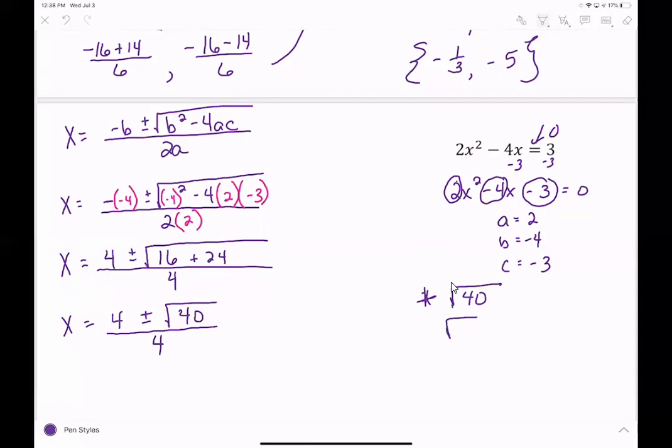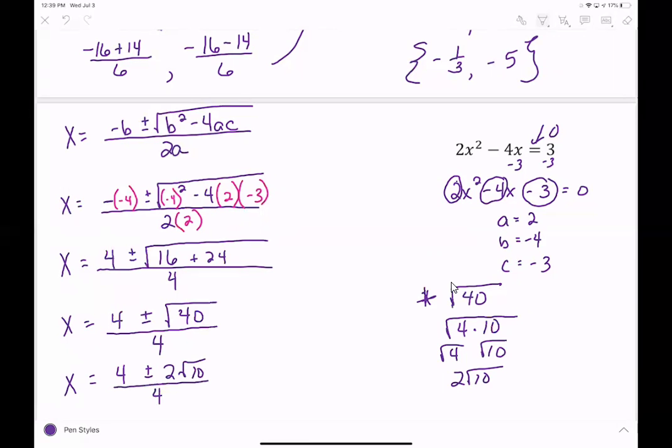So I know that 4 is a perfect square and that 4 times 10 is 40. What we can do here is split the square root of 4 and the square root of 10, because we know the square root of 4 would give me 2. I can't do anything with the 10, so I'm just going to leave it under the radical.